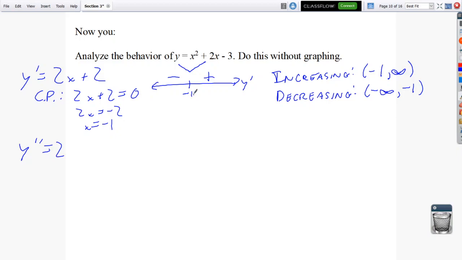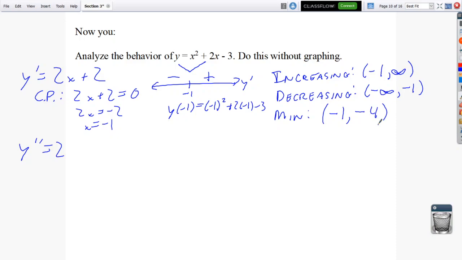If I find out what y of -1 is, I can have -1 squared plus 2 times -1 minus 3. Let's see, 1 minus 2, -1, -4 is going to be my minimum. So I have a minimum value at -1, and the minimum value ends up being -4. Good so far? All right, cool.